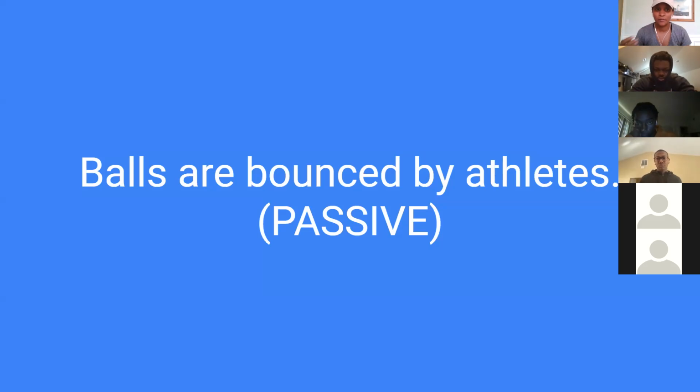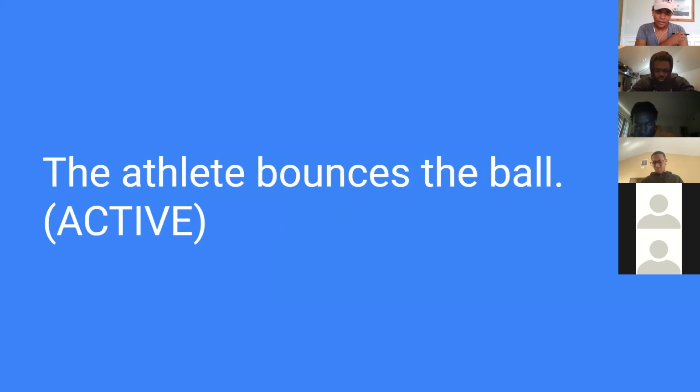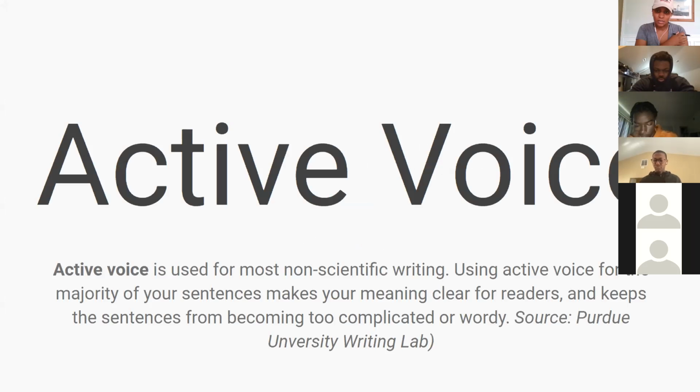Just make it clear instead of balls are bounced by athletes. Now I've got extra words in there with "by," and balls looks like it's the subject and it's not, it's really the object. So now we have the object doing the action. We don't want to do that. We want subject, verb, object. Make it clean. The reason we want active voice is because it's clear and easy for people to read.